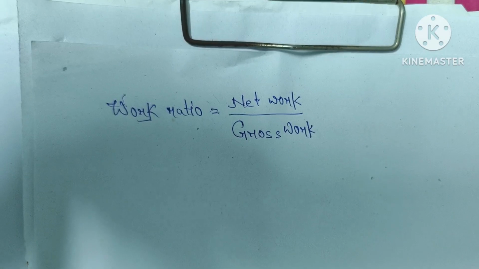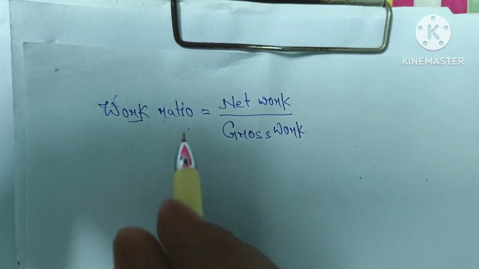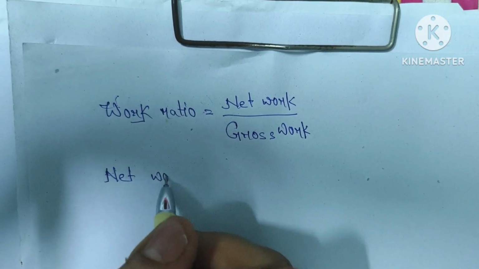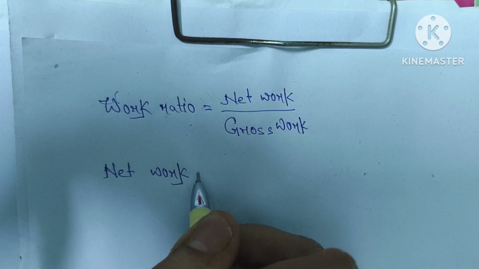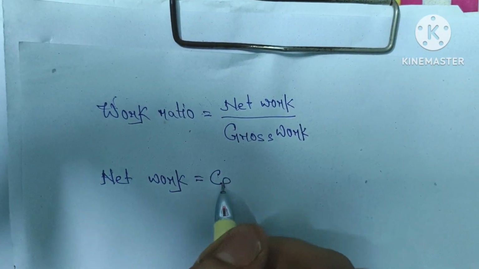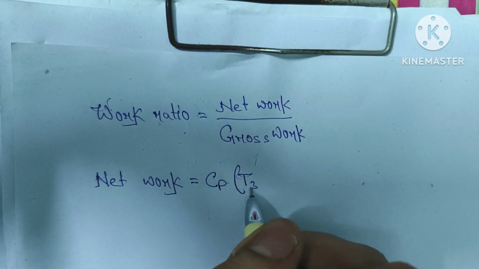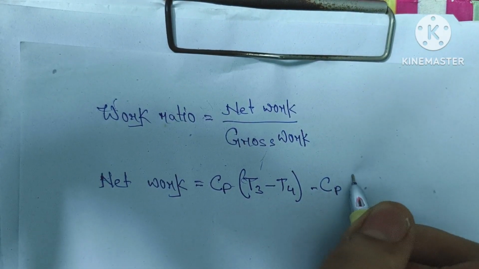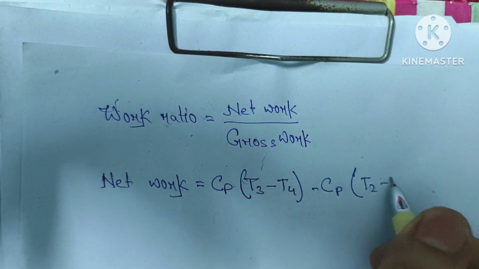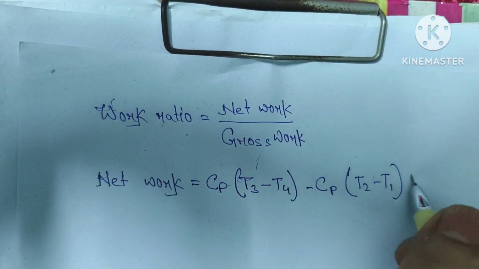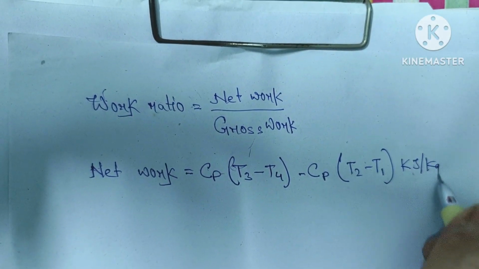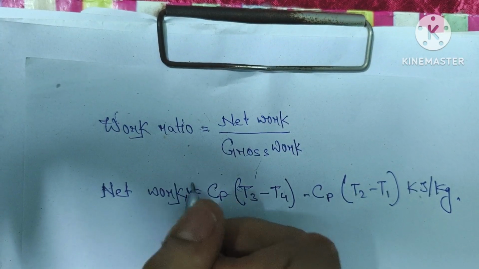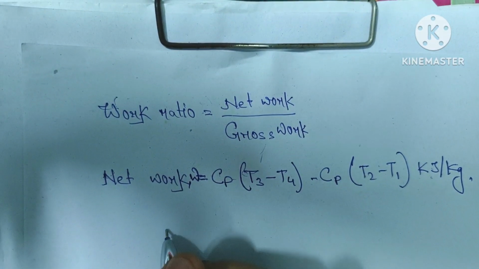So for calculating the net work and the gross work we can use this formula: net work equals to Cp into T3 minus T4 minus Cp into T2 minus T1 kilojoule per kg. So let it be denoted by W.